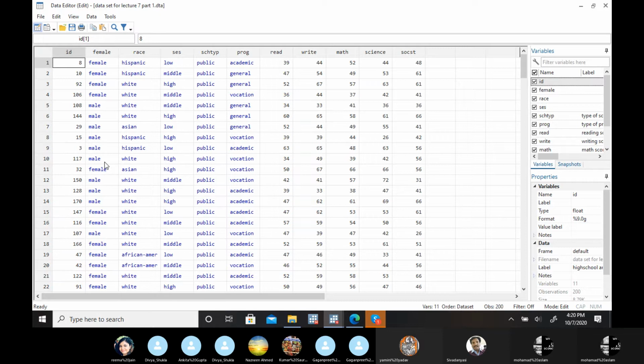The female score does not depend upon the male score, and the male score does not depend upon the female score, so these are independent. So we have two independent samples. Although you can see this is one variable, these observations are independent. Female observations are different and male observations are different. So we want to compare the average math score of male and female.